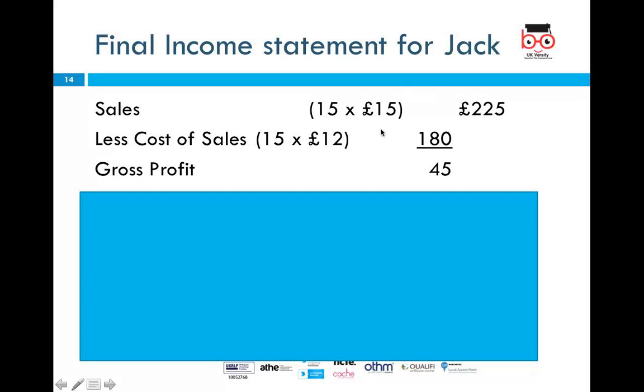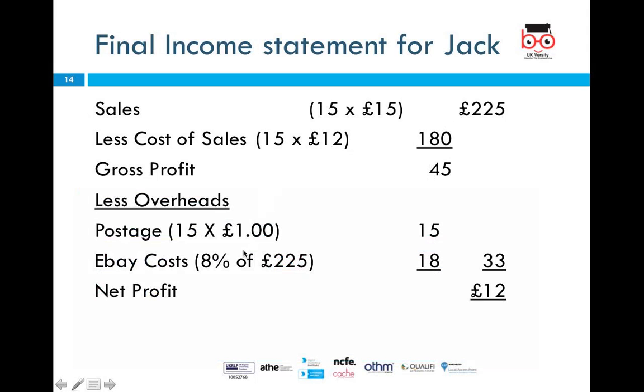So now a different income statement for Jack again, because this is 15 sweaters at £15 each, £225 total sales, and the cost of sales is £180, and here is the gross profit of £45. But the postage is £1 per sweater, and the eBay cost is 8%.